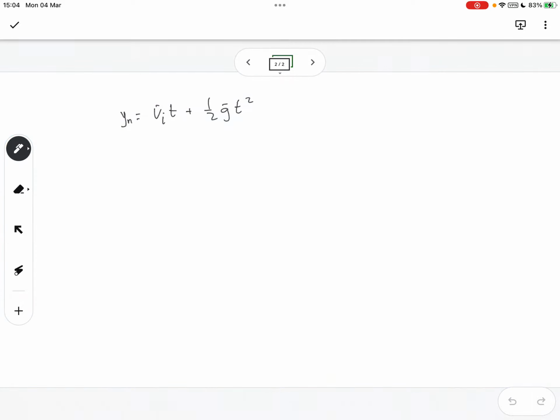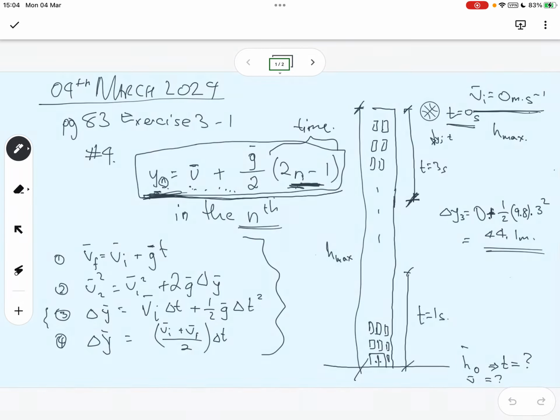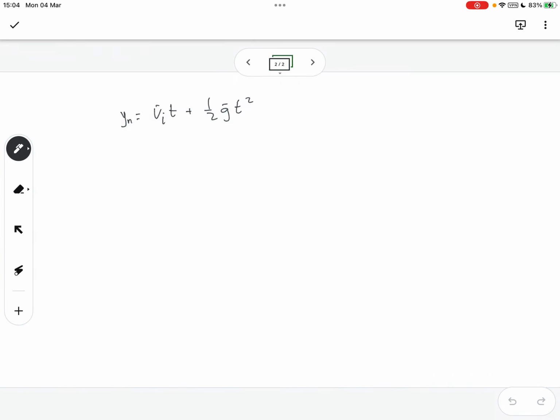Let's... okay. And then we get what? U plus half gt, and the t. Maybe we can find a sequence for how the time changes.